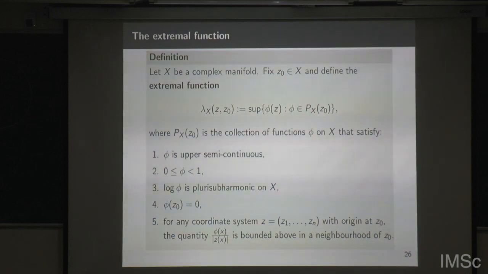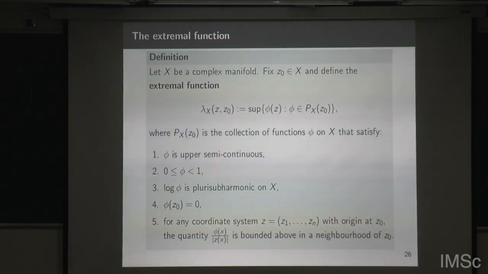Phi is upper semi-continuous, 0 less than or equal to phi less than 1, log phi is plurisubharmonic on X, phi(z0) is 0. For any coordinate system around the point z0 that takes z0 to the origin, the quantity phi(x) by mod z(x) is bounded above in a neighborhood of z0. So you take the supremum over all this collection.